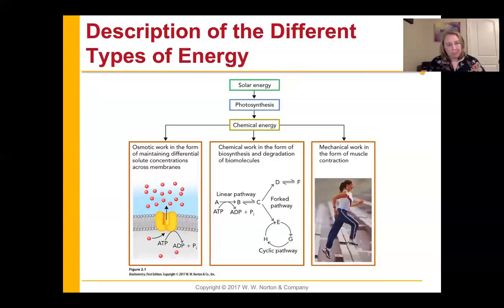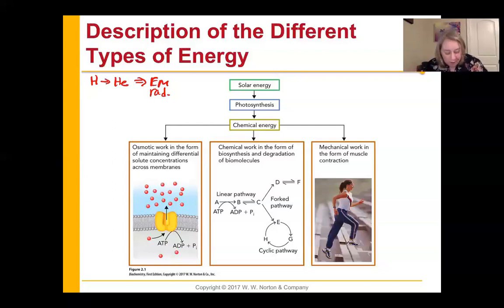So what are different kinds of energy? Well, if you really think about it, inside of the sun, hydrogen is being converted to helium in a thermonuclear fusion event, and that's giving off electromagnetic radiation in the form of visible light.